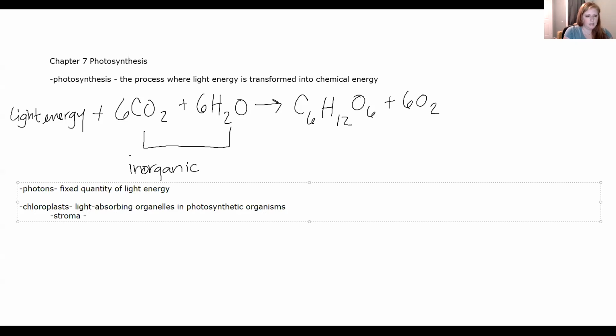This is the jelly-like fluid that's inside. Then we have the thylakoids. I'll show you images of all of these.